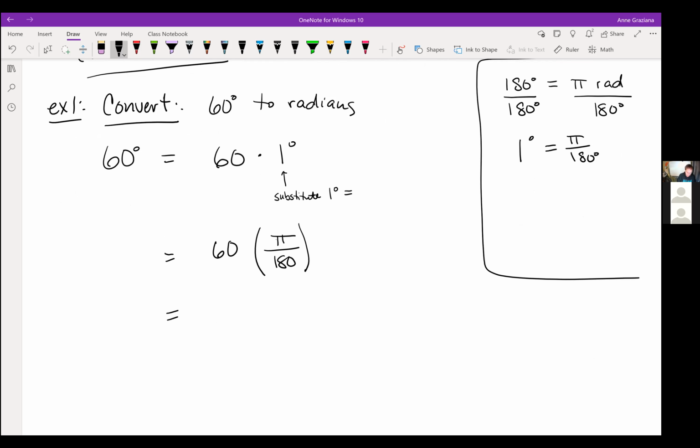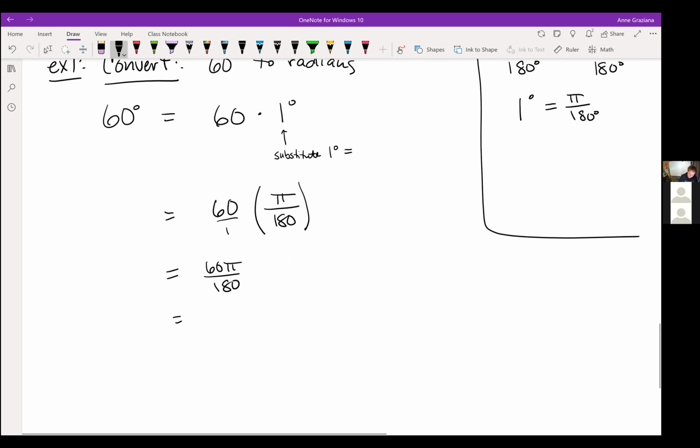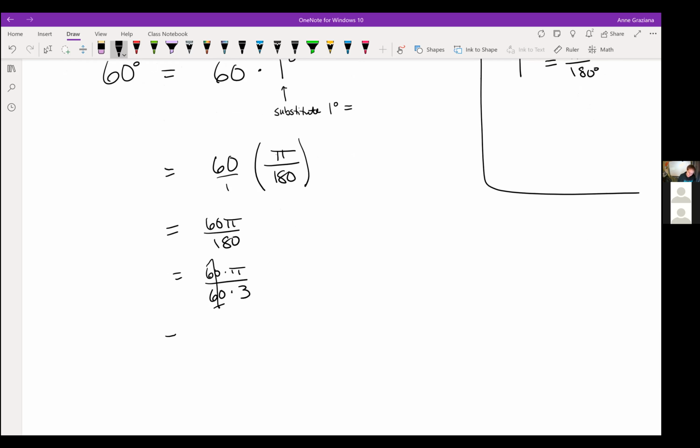Then when we multiply straight across, this is just 60 pi over 180, which simplifies as 60 times pi over 180. 180 is 60 times 3. Okay, right? Because 3 times 6 is 18. This is a 1. And we get pi over 3.